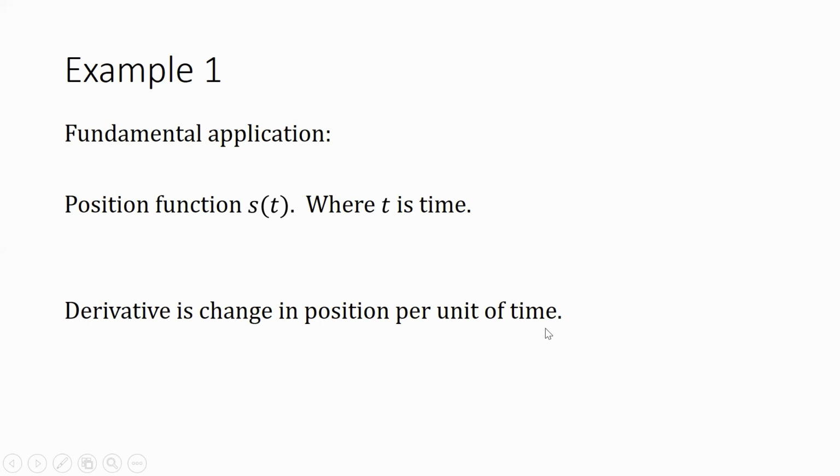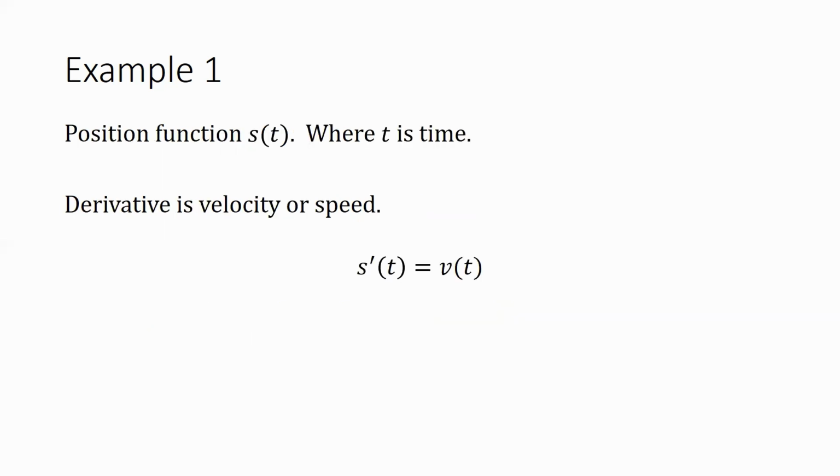Think about what that actually means. If we're changing our position per unit of time, or rather if our derivative is measuring a change in position per unit of time, well, that means my derivative is a velocity or speed. Think about how this would work if your position were measured in miles and your time were measured in hours. Your derivative would be change in miles per change in hours. So it'd be miles per hour.